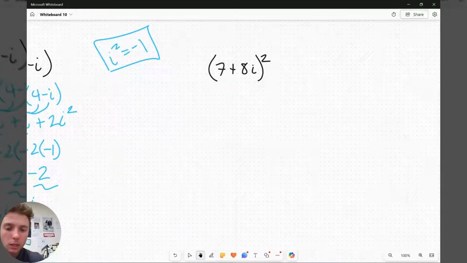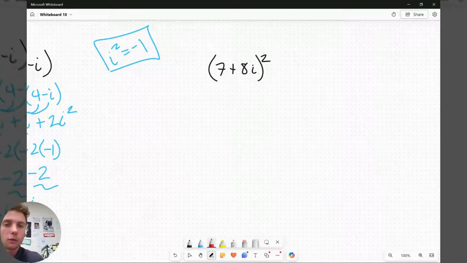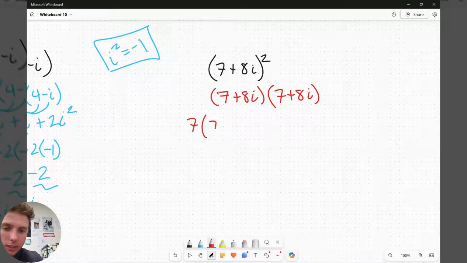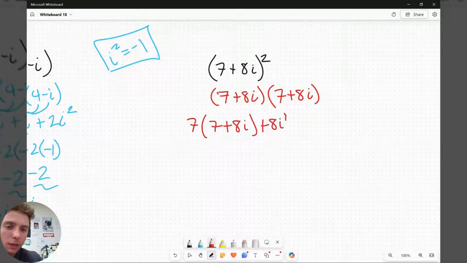One more problem to look at. Reminder: if you have parentheses squared, you're multiplying it by itself. How you show that is to take the 7 plus 8i and multiply it by itself, by putting it next to it. Set up your multiplication. The 7 multiplies with your second set of parentheses, and the 8i multiplies with your second set of parentheses.